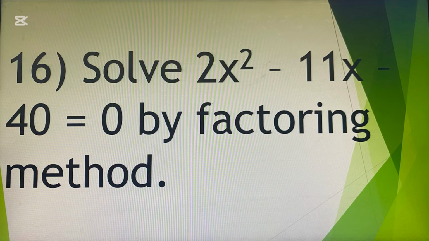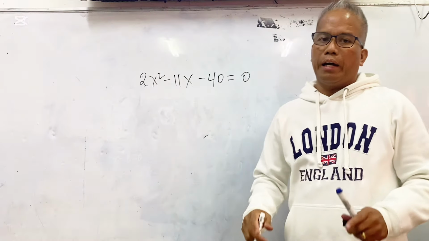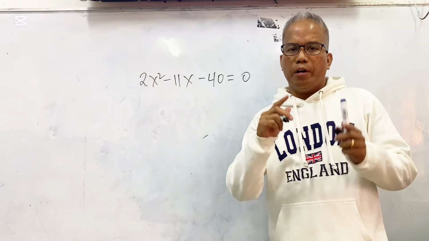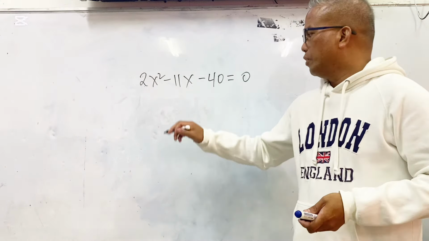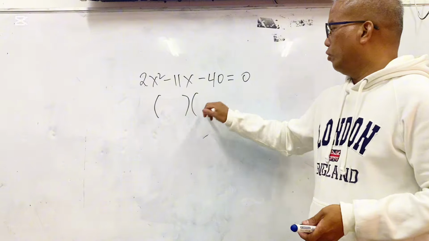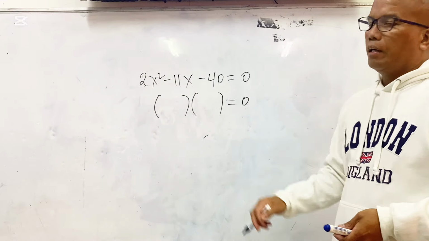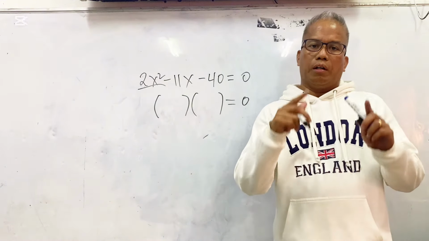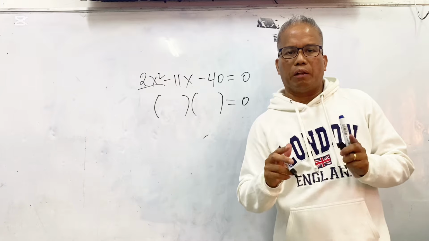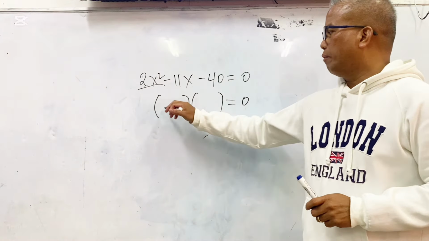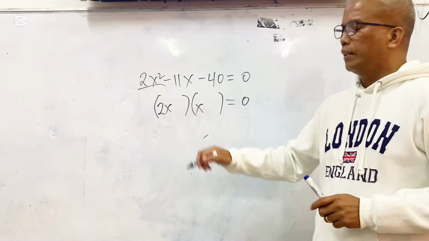Question number 16. Solve 2x squared minus 11x minus 40 equals 0 by factoring. If you are going to use the factoring method, always start by writing two parentheses. First, identify the factors of the first term. So 2x squared can be factored as 2x and x.